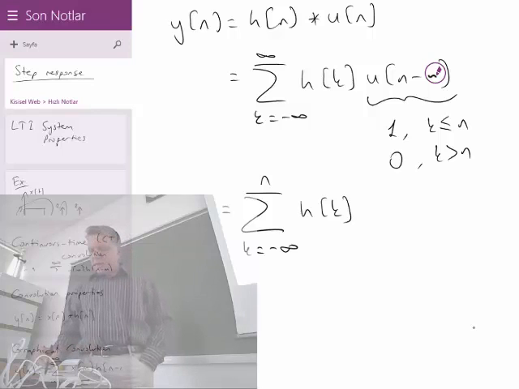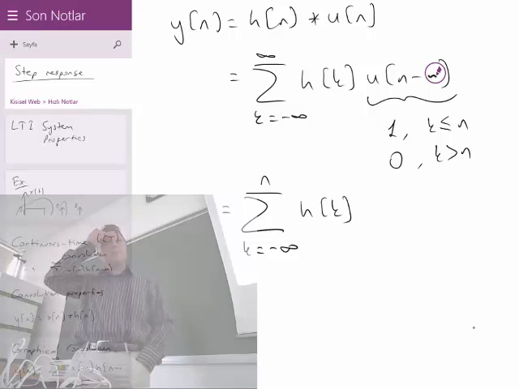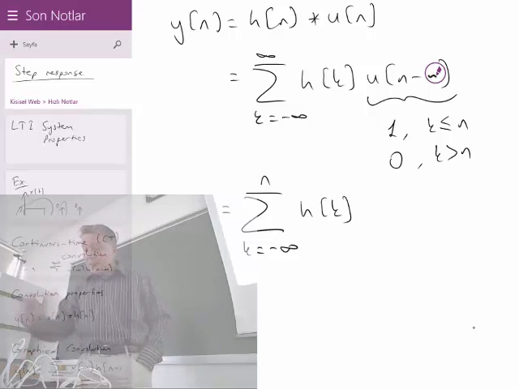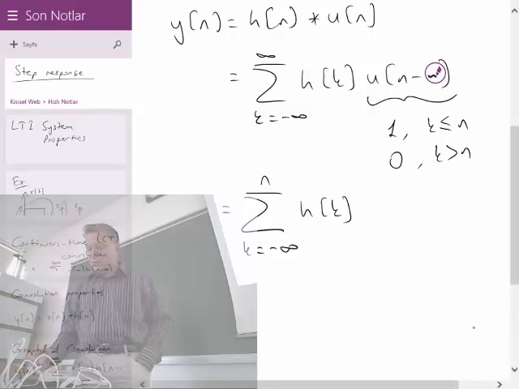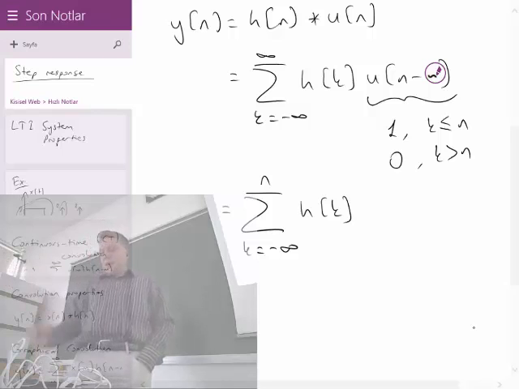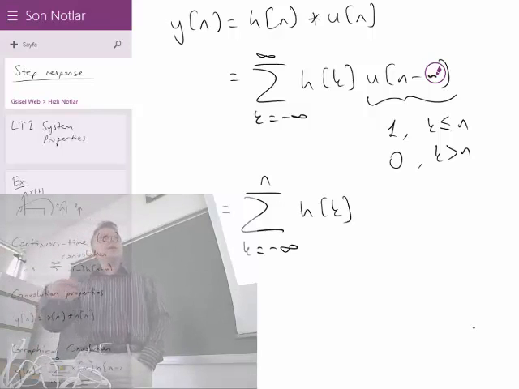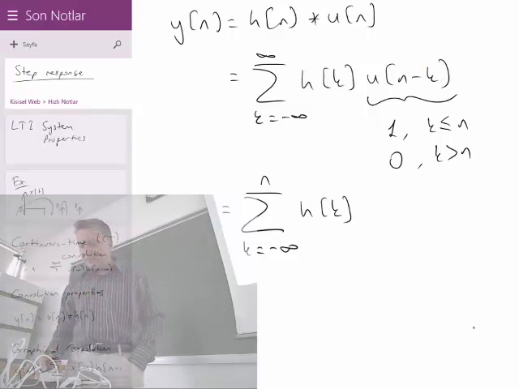Because from minus infinity up to n, it means k is less than or equal to n, and in that region, u is equal to 1. So it is h of k times 1. If k is greater than n, it becomes 0, so I don't write them. I impose the summation or the running index like this.